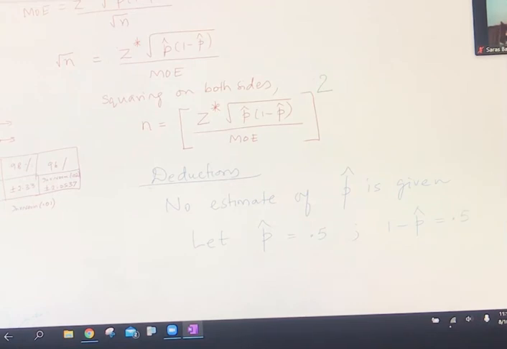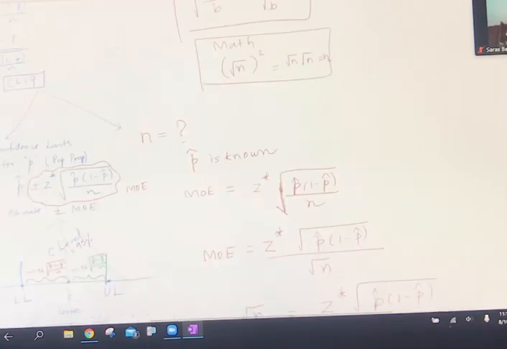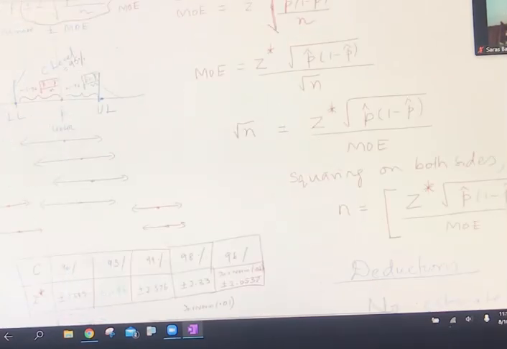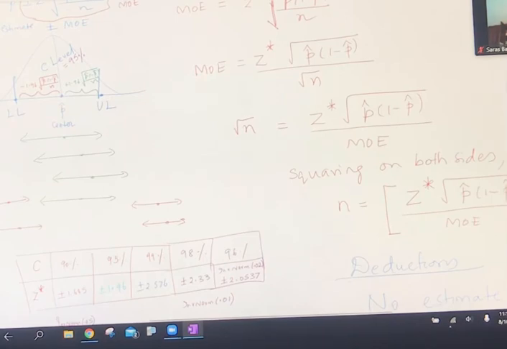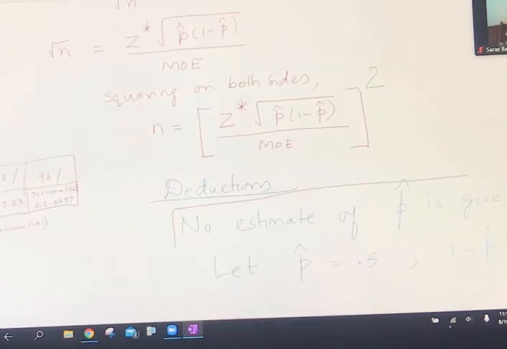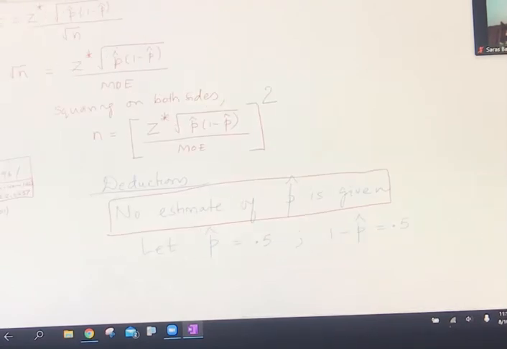The formula with p hat works only when p hat is known, when the sample proportion is given in the problem. If you are not given any value of p hat, then you are going to assume the p hat value as 0.5, 50-50.